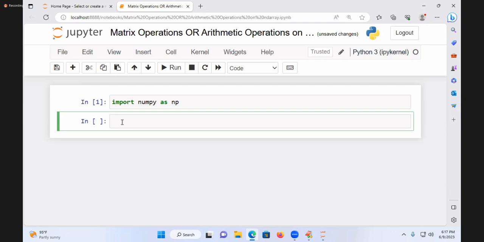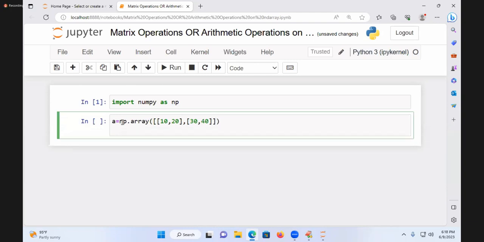Next, take one array. A is equal to, straightforward and simple, students, np.array of 10 comma 20, and I will take the matrix directly, comma 30 comma 40. Are you following me? 10, 20, 30, 40. It is one matrix.